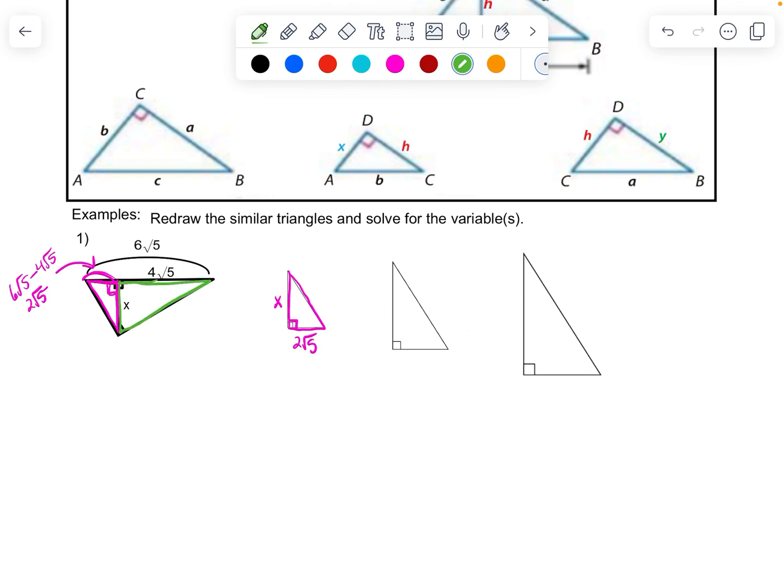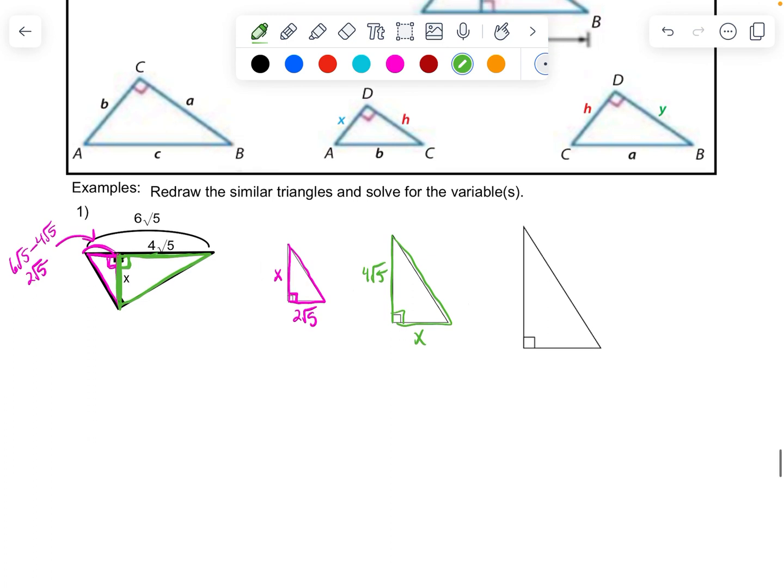Now I'm moving on to medium. Here's my medium triangle. My short leg is x, and it looks like my long leg is 4 root 5, and there's no hypotenuse. I'm not even going to bother with the big triangle because I'm already set up where I could figure out x.